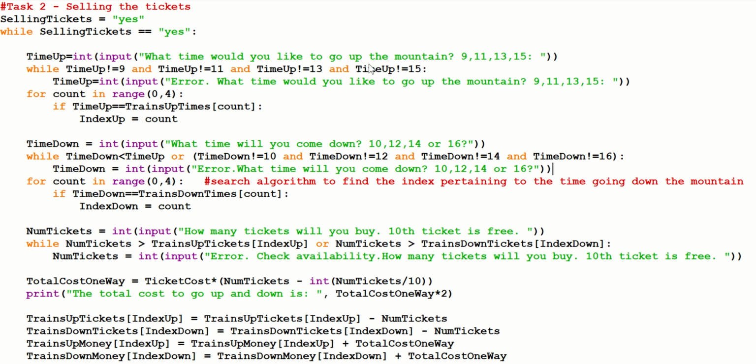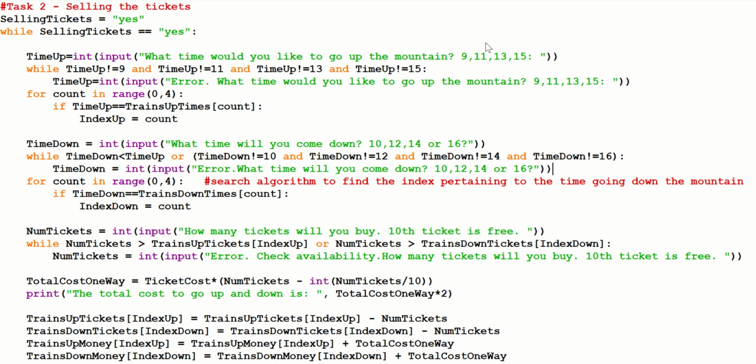If it says or, for example, time up not equal to 9 or 11, obviously it can't equal both. It only has to equal 9, or it can equal 11, right?